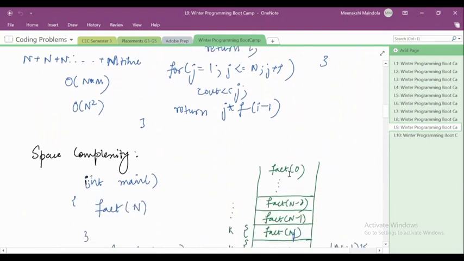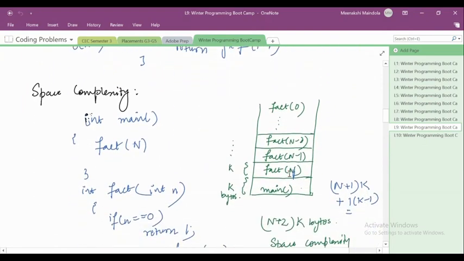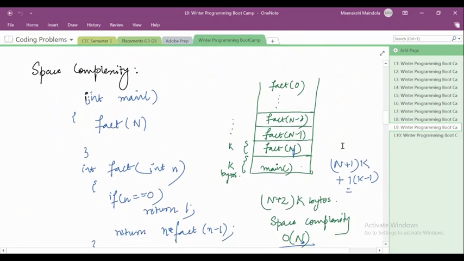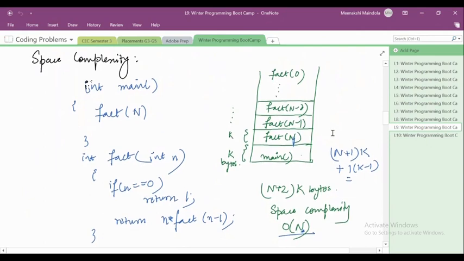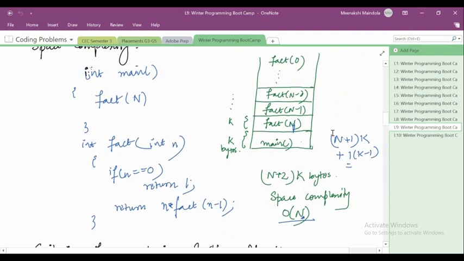We went ahead and looked into the space complexity as well, and we said that if we consider the stack space, if we consider the recursive calls, then the space complexity will depend upon the recursive calls that are being made, right?